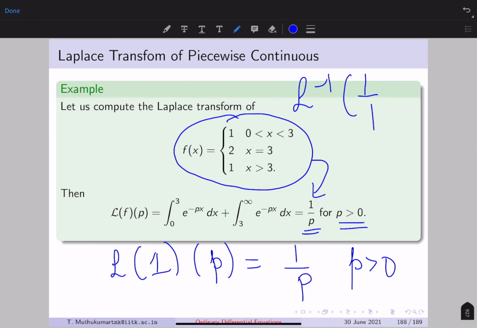Right? Now suppose I look at the inverse transform, because that's how we define the inverse transform, right? The inverse transform is that function to which, when you apply the Laplace transform, you get the given function. So the inverse transform of 1 over p, is it 1 or is it this function?